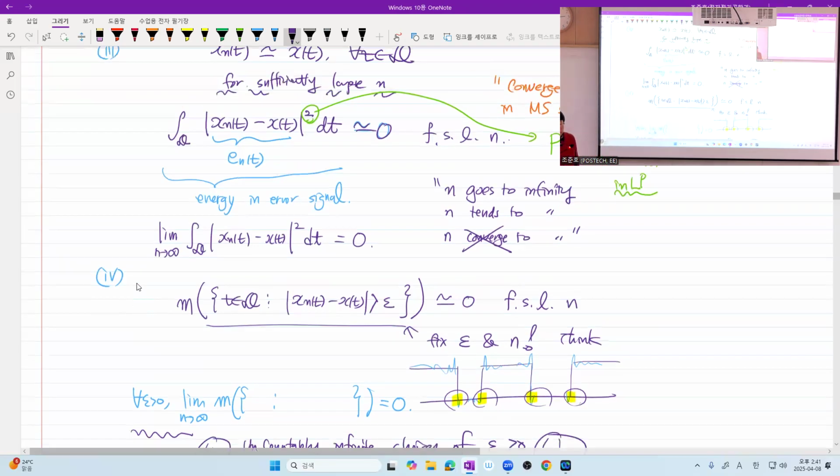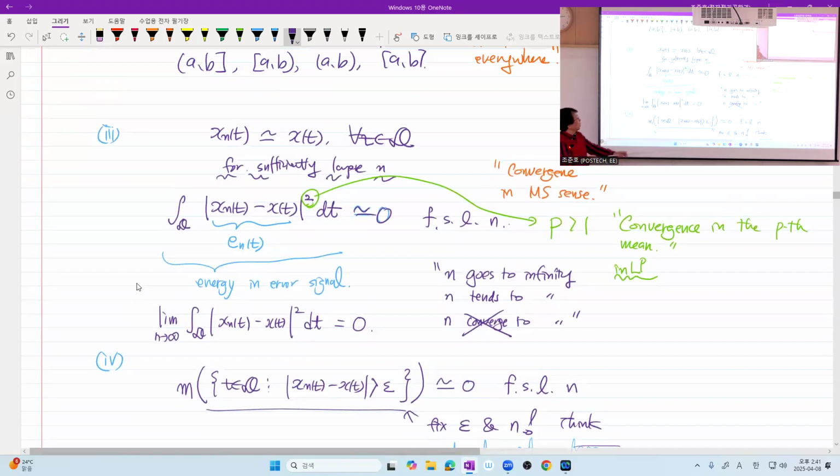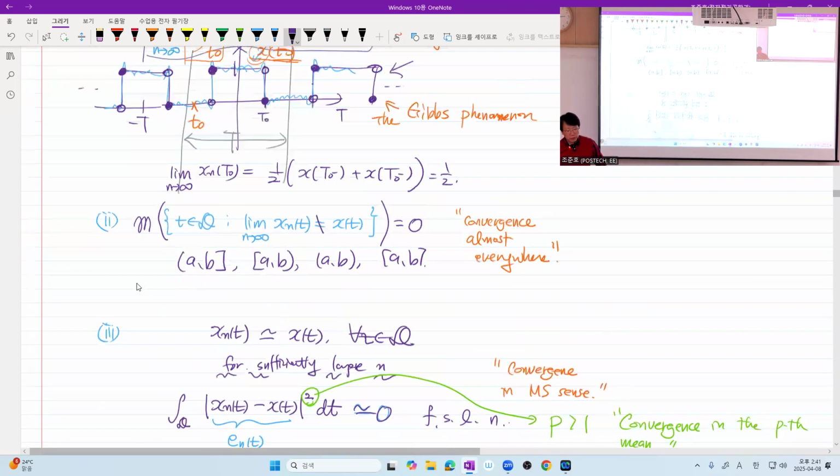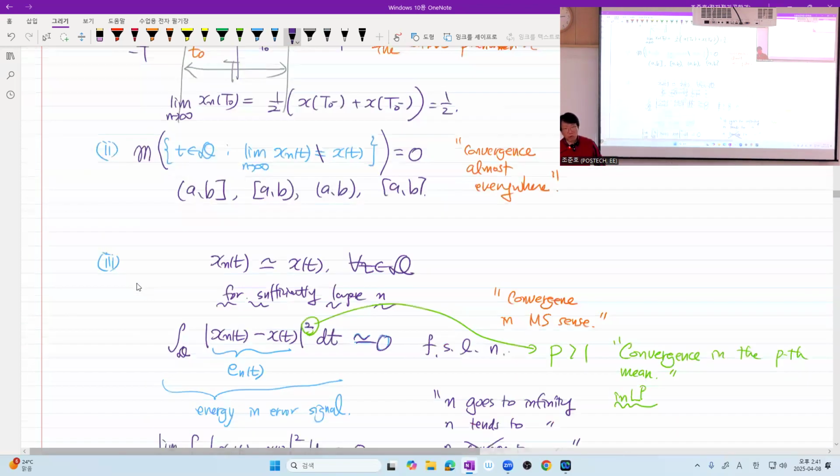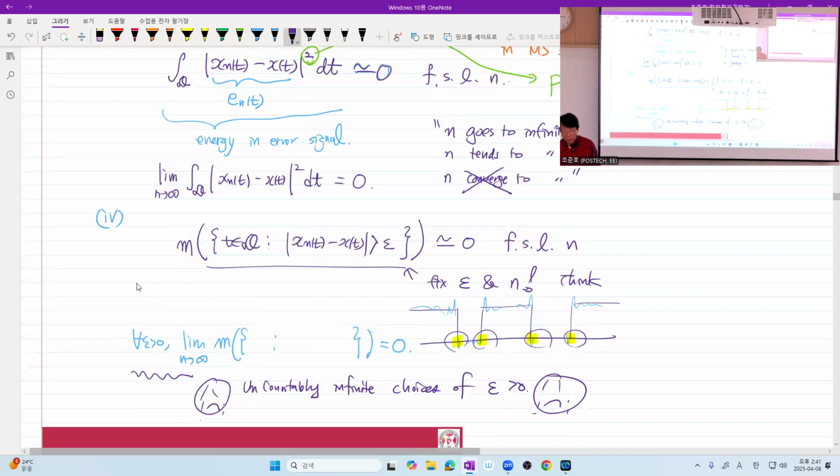But people have found that sometimes this definition is enough. And this is too strong. And they try to find the relation between these 4 definitions. So convergence everywhere will be abbreviated by E.; and A.E. means almost everywhere. In the p-mean.